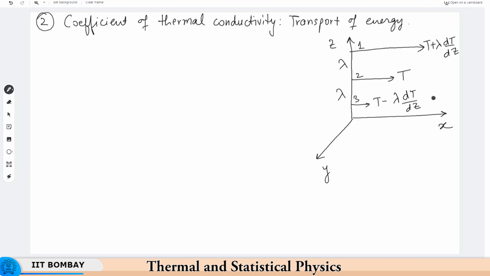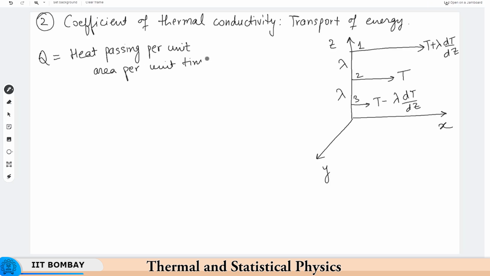Along similar lines, we can define heat Q, and what is heat? It is just the transfer of energy. So, let us define Q as the heat passing per unit area per unit time.